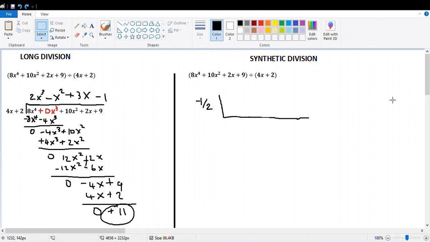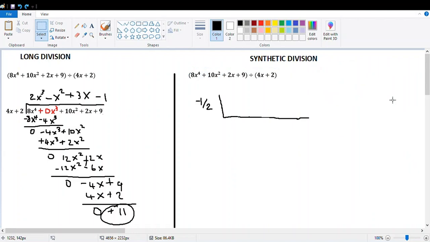On the right, you have to put the coefficients for each term of the dividend. It's important to take into account or save space for the missing terms. In this case, 8x to the fourth, and the next is 10x squared. That means that x cubed is a missing term.